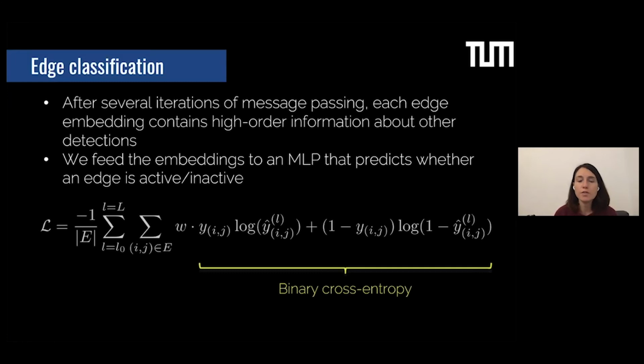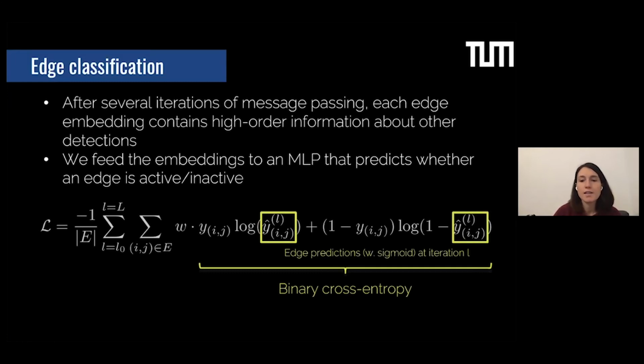A couple of interesting points here is that, of course, our edge predictions come at a certain iteration of our message passing steps. We're going to have a weighted loss for active edges, and this is because the problem is extremely unbalanced. There are a lot of inactive edges, and we take this into account in the loss.